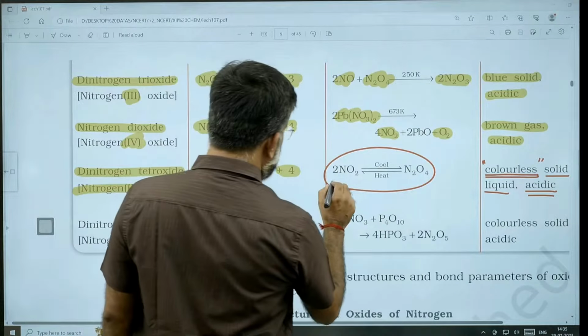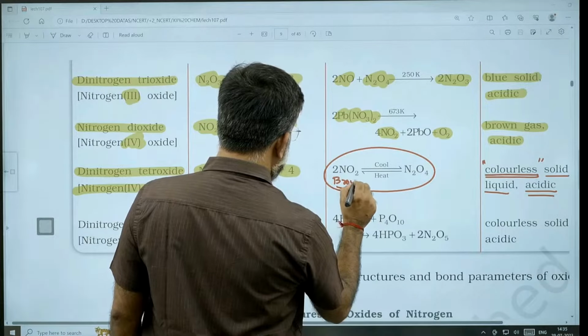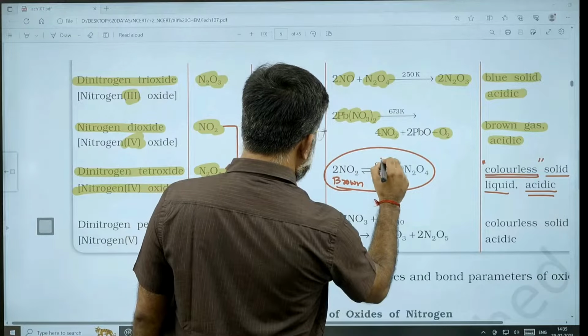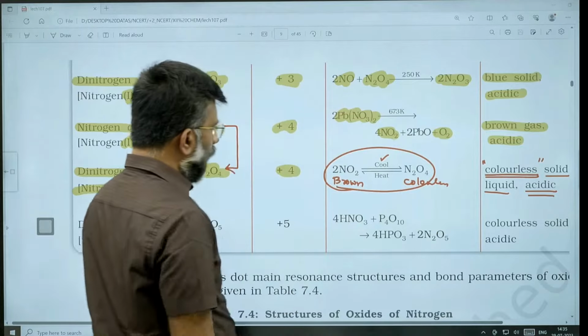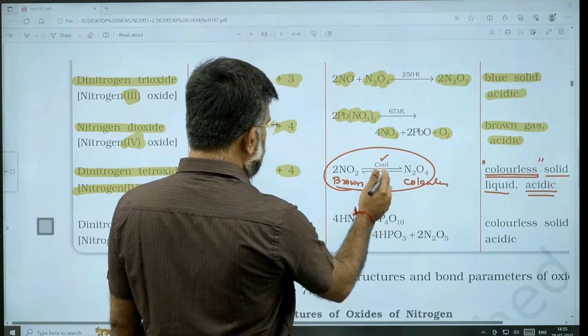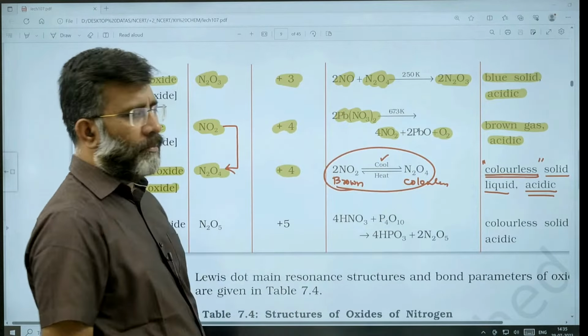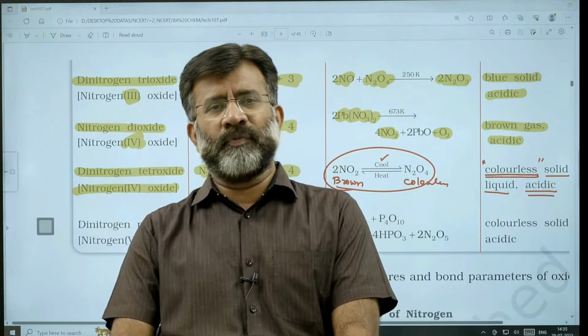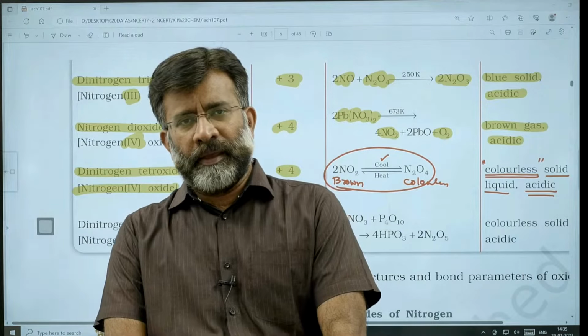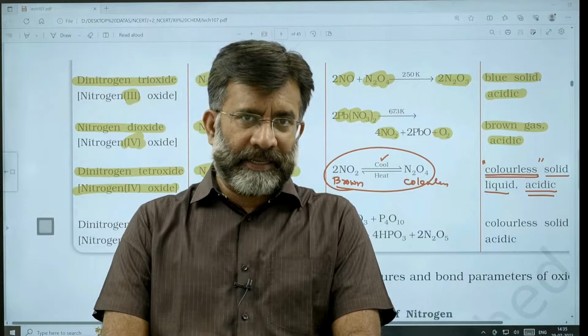The brown colored NO2 gas upon cooling, it is converted to colorless N2O4, and colorless N2O4 upon heating, it is converted to brown colored gas. There exists an equilibrium between N2O4 and NO2. NO2, brown colored gas taken in a glass bulb.